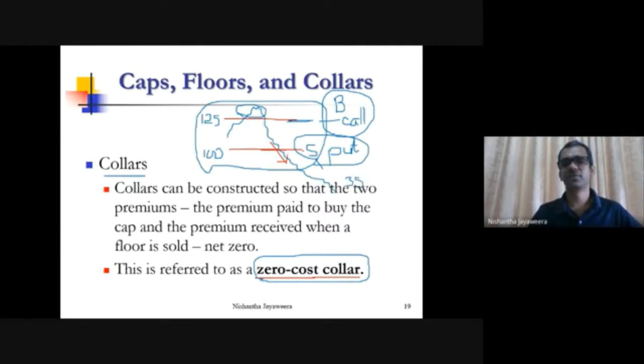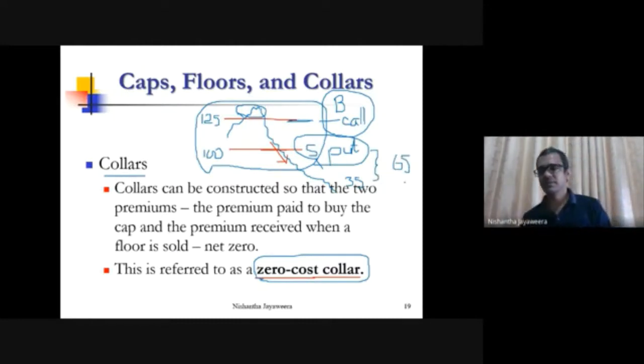Since you have sold put options, you have the obligation to buy at 100 or pay this $65 difference. That's what happened, partly, not completely. There were some other conditions imposed on the product, but basically this is what happened.